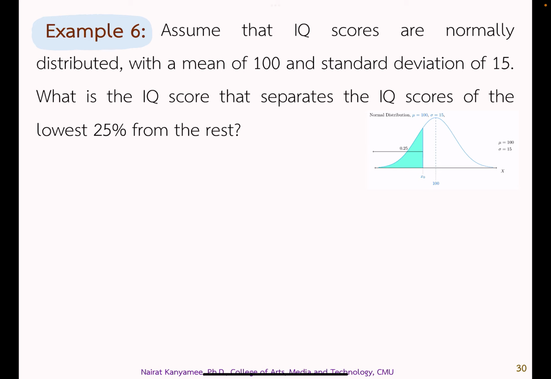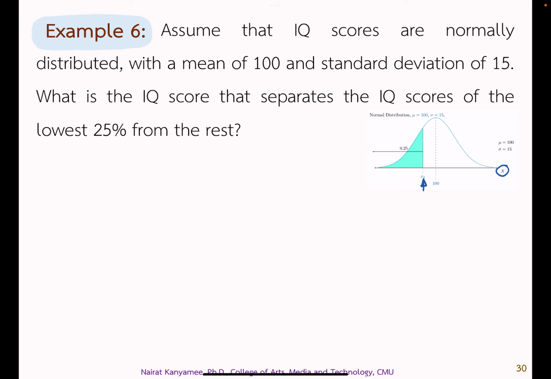If you look in the picture here, we are looking for the IQ score, which is the X value. Since 25% is less than 50 and 50 is in the middle, this must be a Z score with negative value.